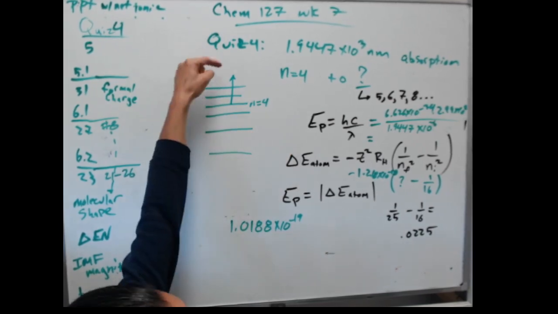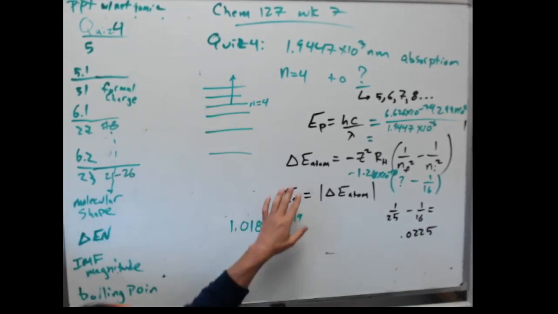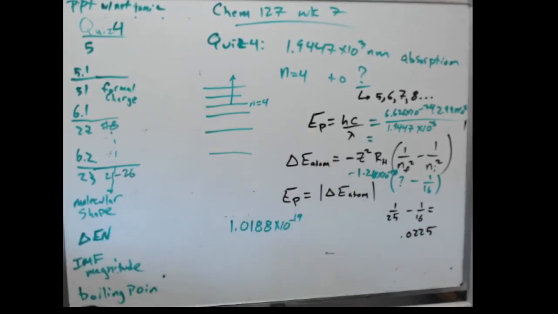The atom can gain energy or it can lose energy. The photon energy always has to be positive. That's why the absolute value is around the atom, not around the photon. So should we always think of the photon energy as positive? Yes, photon energy, yes.